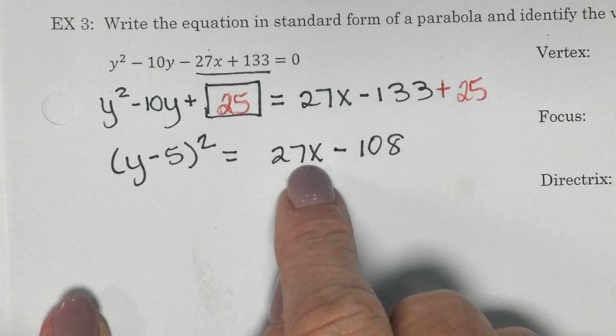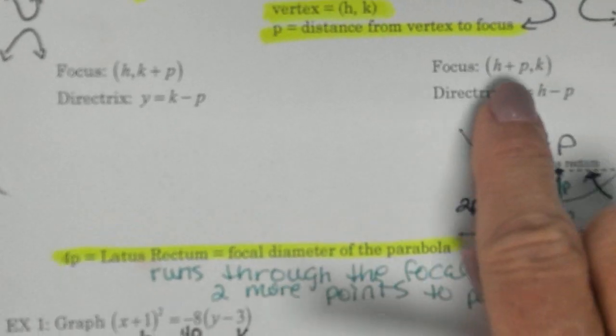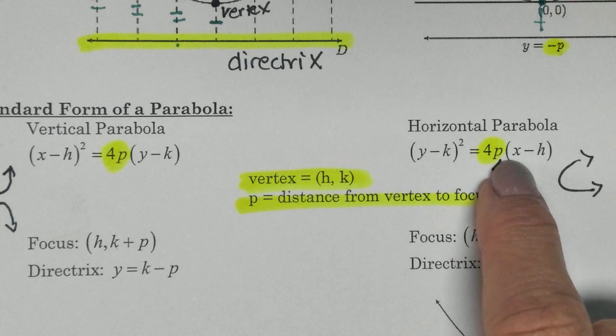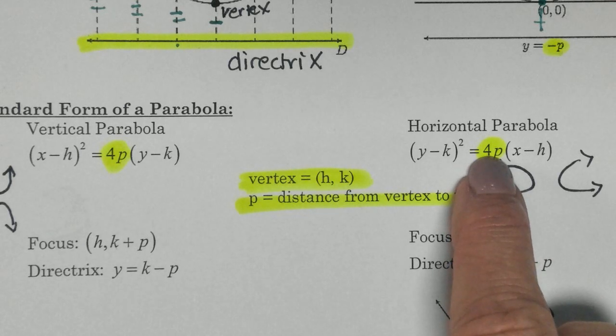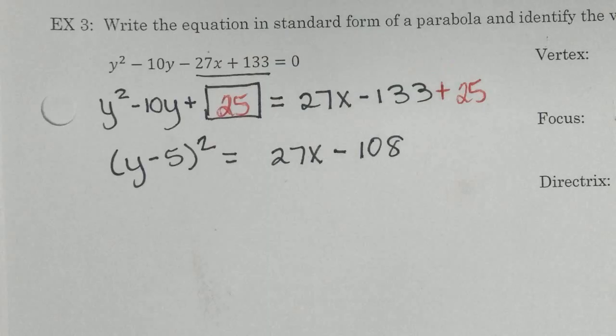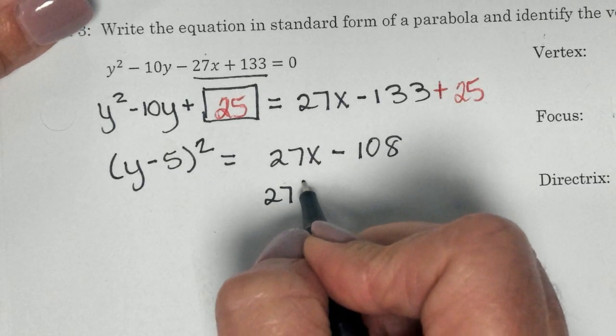To write this in the correct format, the structure, let me go back here to this formula, okay? Do you see how we've got this 4p located in front of the x minus h? That's because they factored out the coefficient of x. That's where that number comes from. So right here, we're going to have to factor out 27.